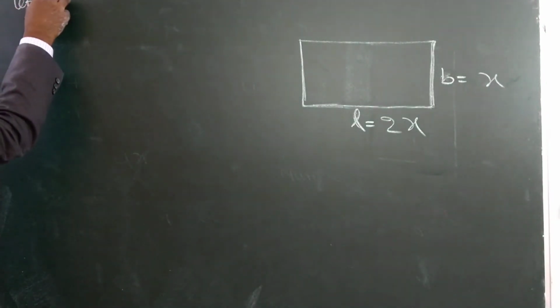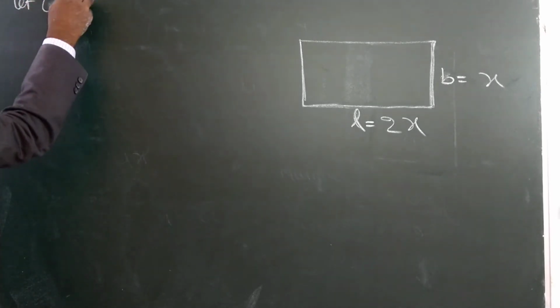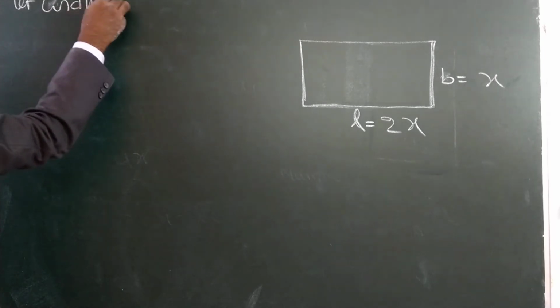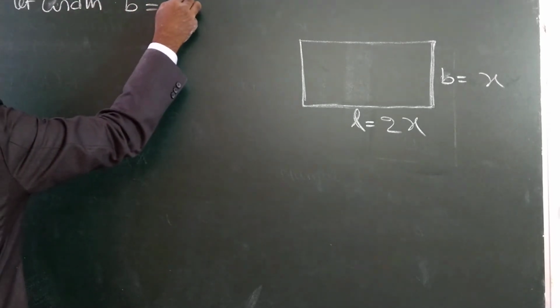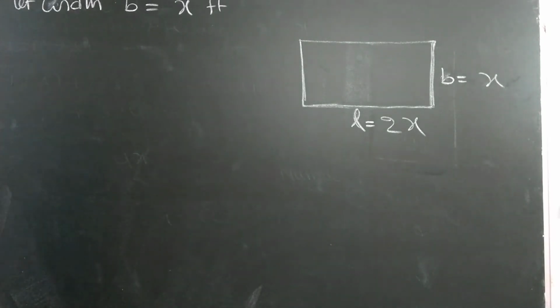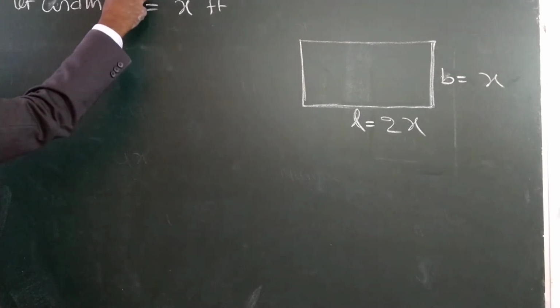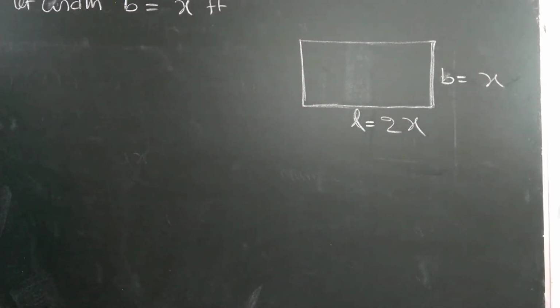Let width, b, be equal to x feet. Because the problem is given in feet, I will write feet. Width x, breadth or width, same meaning.